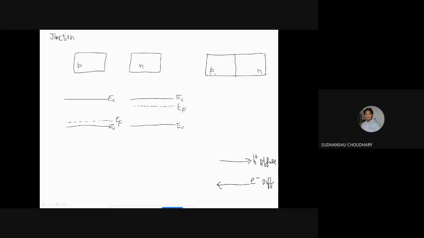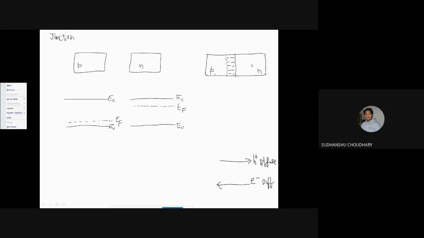at the junction toward the P side, ionized ions are created. So that means when holes leave the P-type semiconductor to the N-type region, they leave behind themselves ionized acceptor impurities.